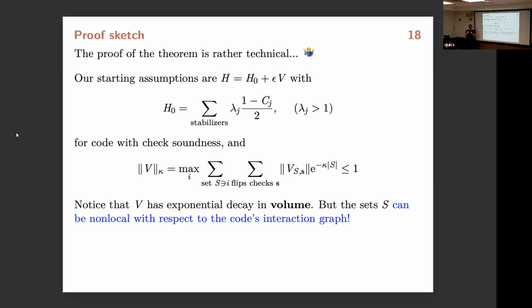So any Q local perturbation will have this property. Okay, maybe up to rescaling. Again, we don't require any kind of locality with respect to the code checks themselves. So for the surface code, you can have completely spatially non-local perturbations, and our theorem is still applicable.